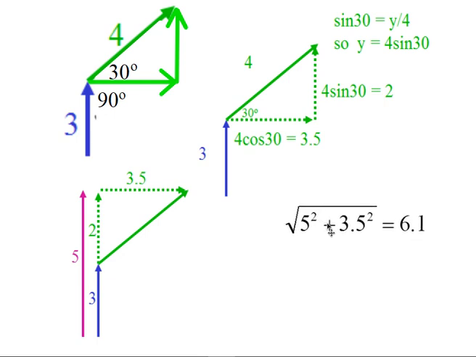The magnitude of the resultant would be the square root of 5 squared and 3.5 squared. And the direction that it's going would be the inverse tangent of the opposite over the adjacent. So that would be 35 degrees east of north. Lovely. Thank you.